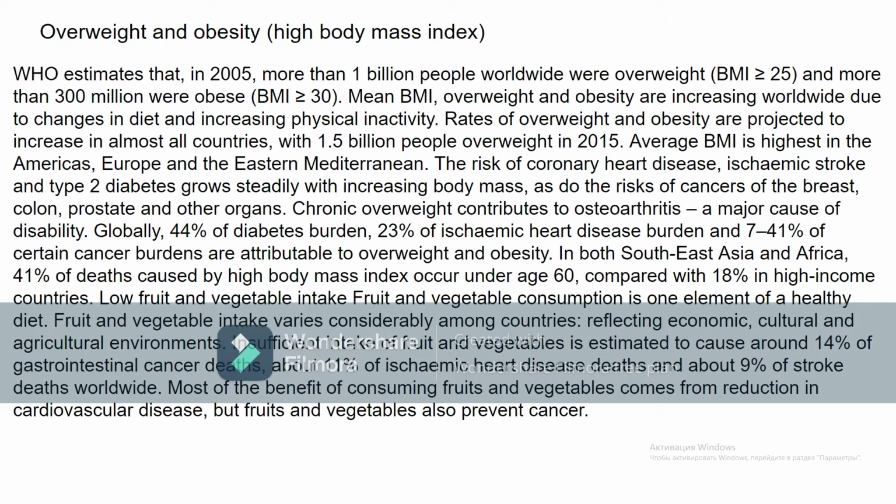If we lack some vitamins, we lack some important fibers to make our digestive system work properly.